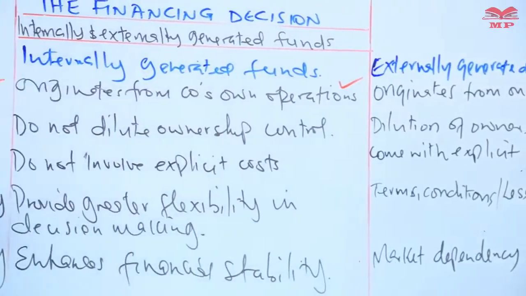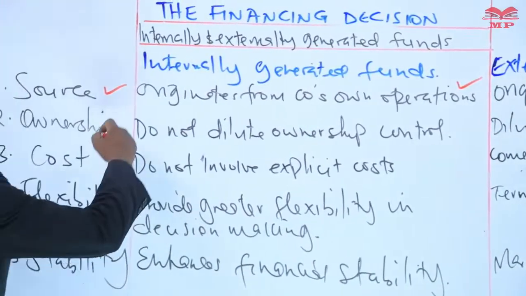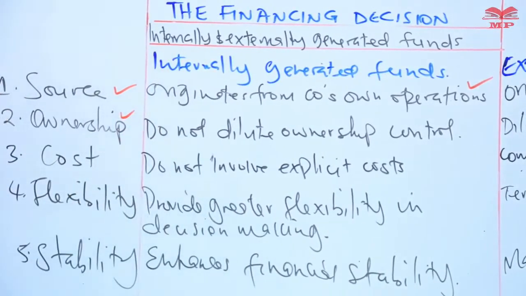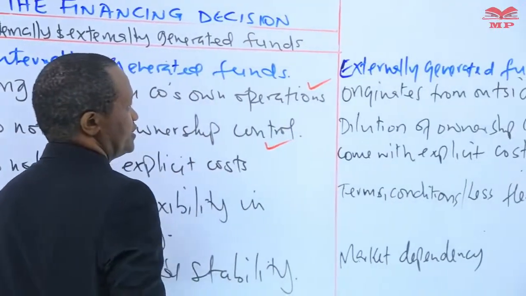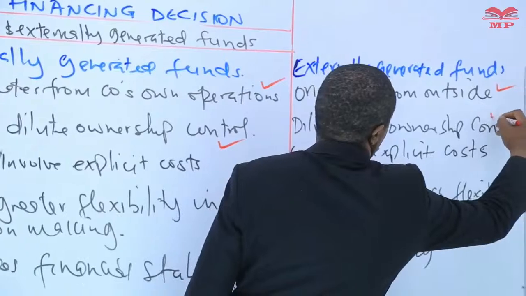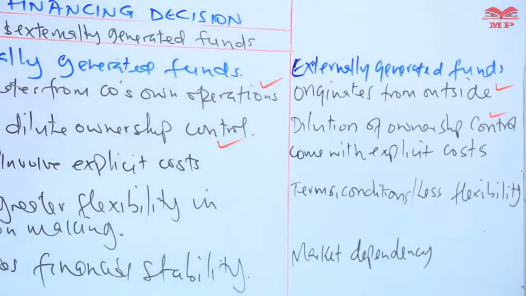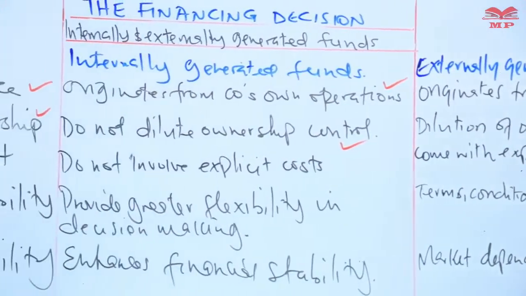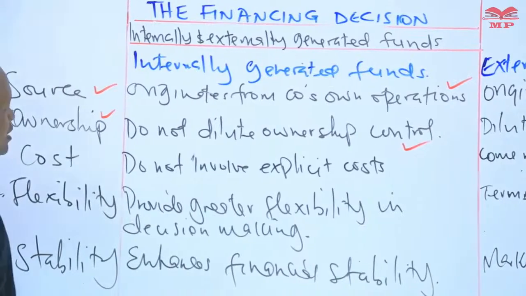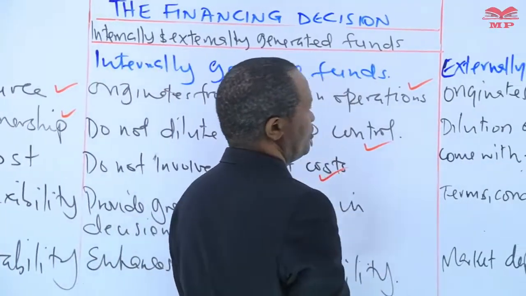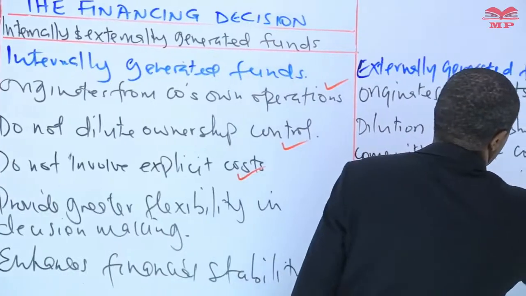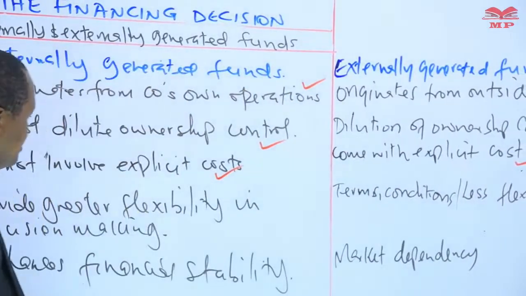The second distinction is based on ownership. Internally generated funds do not dilute ownership control, whereas externally generated funds dilute ownership control. Point number three was based on the cost. Internally generated funds do not involve explicit costs, but externally generated funds come with explicit costs like interest payments and dividend payments.